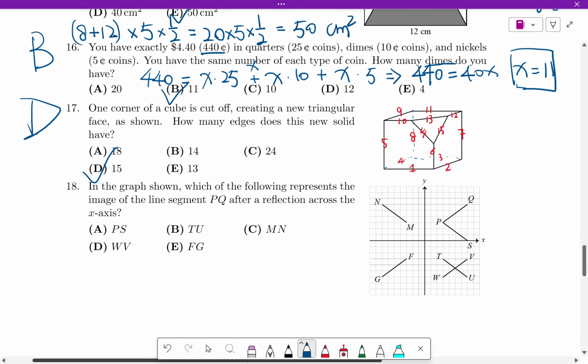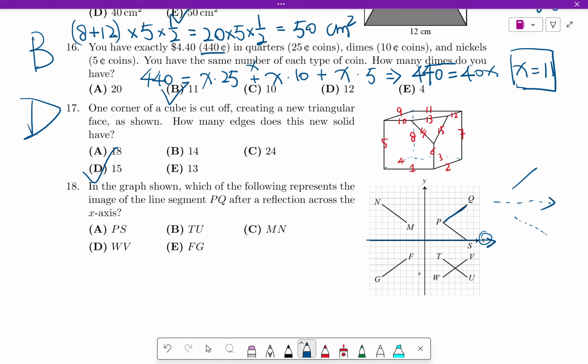Question 18. In the graph shown, which of the following represents the image of the line segment PQ after a reflection across the x-axis? We can see that PQ is right here, and we want to reflect it over the x-axis, which is this horizontal middle line right here. If we reflect over that line, we would get some sort of this shape.